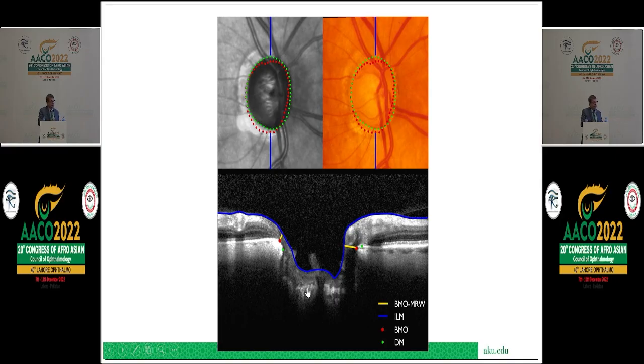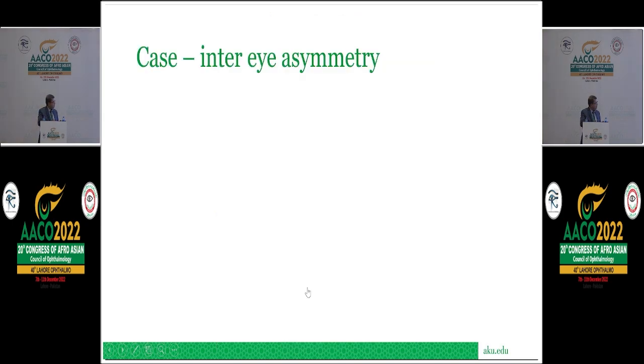So it can be helpful. And in this particular optic nerve, you may say to yourself, I'm not quite sure where the edge of the disc is. So the machine identifies it based on Bruch's, and then it looks at the rim thickness and actually displays the rim width thickness all around. And that parameter BMO-MRW has been shown to correlate with progression also over time.